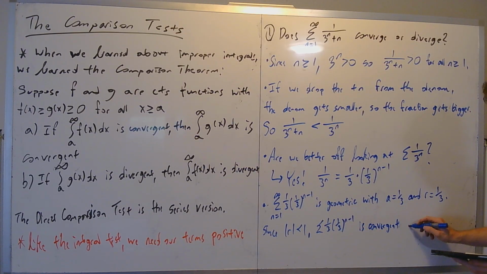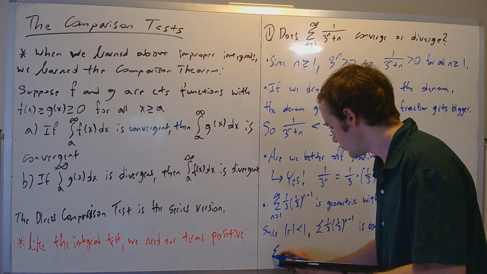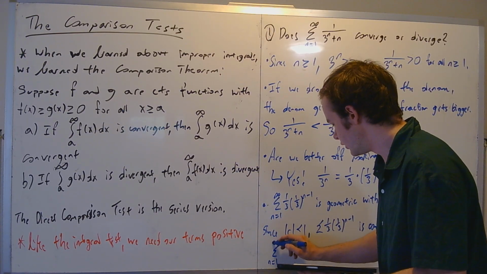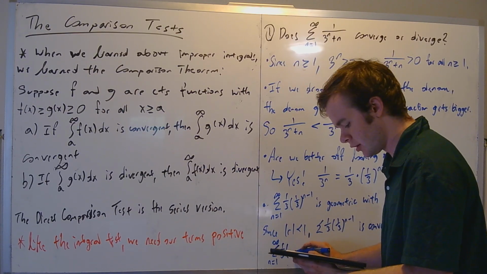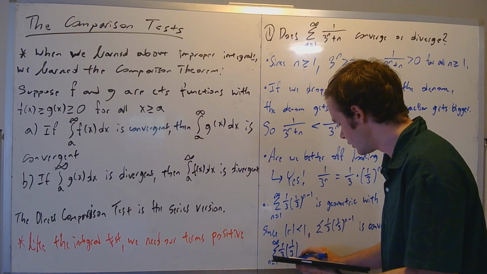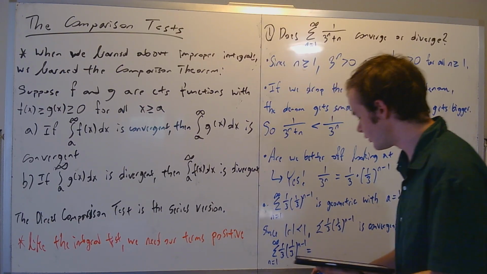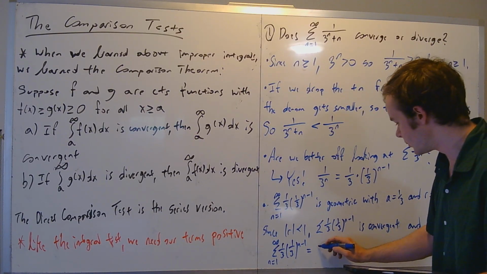And moreover, we said that the sum from n equals 1 to infinity of 1/3 times 1/3 to the n minus 1 is equal to a over 1 minus r.